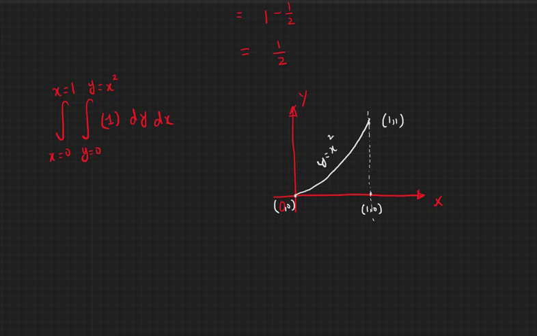Hence the region bounded by y equals to 0, y equals to x square, x equals to 0, and x equals to 1 is this region.